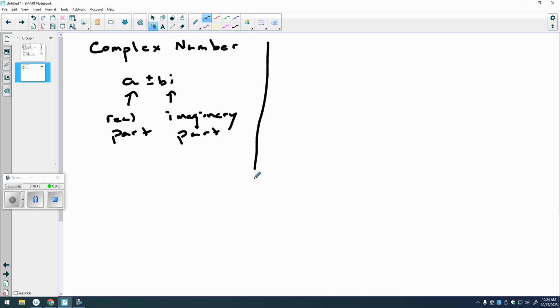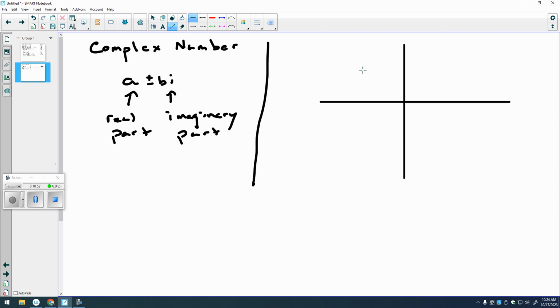I'm going to go ahead and do something now that I was going to do later. I can graph this thing on what's called a complex plane. So this down here on the x-axis is my real part, and this up here is my imaginary part.